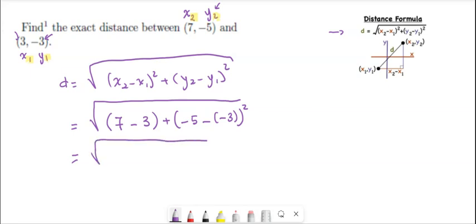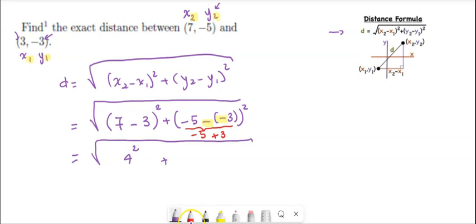We still have a square root over here. 7 minus 3, that's easy, that's going to be a 4. Don't forget the square, so 4 squared. And over here you just have to combine the two minus signs, so it turns into -5 plus 3.